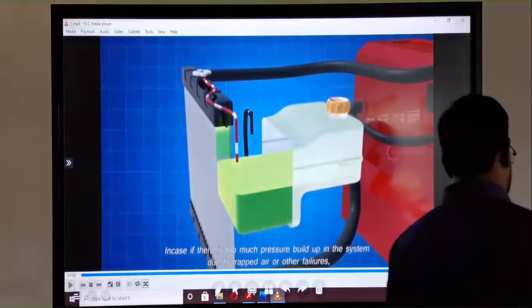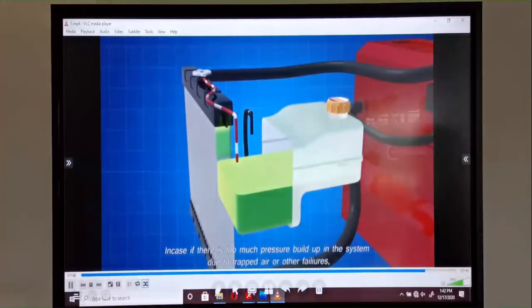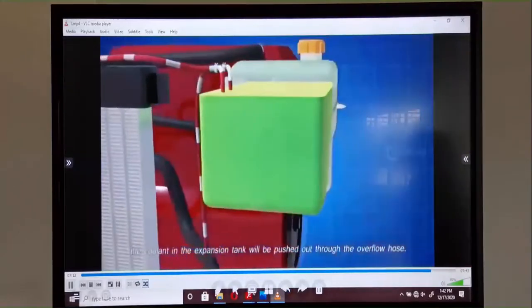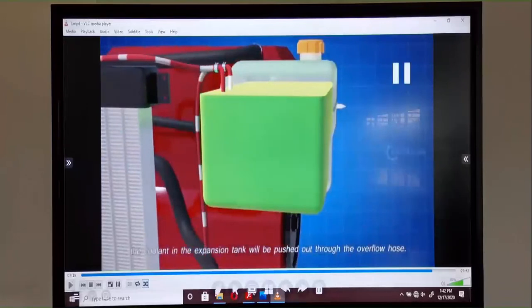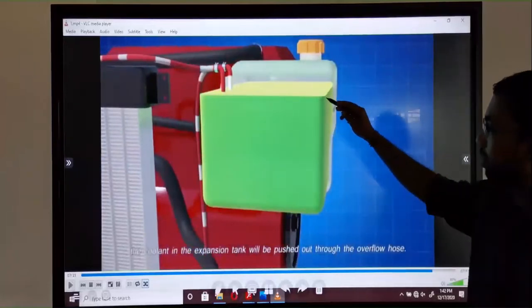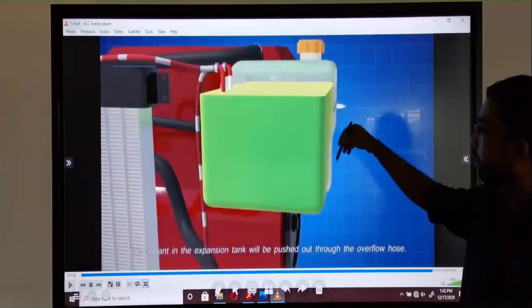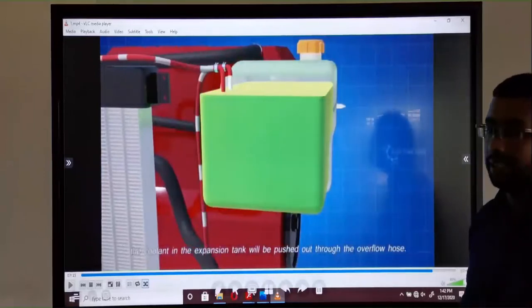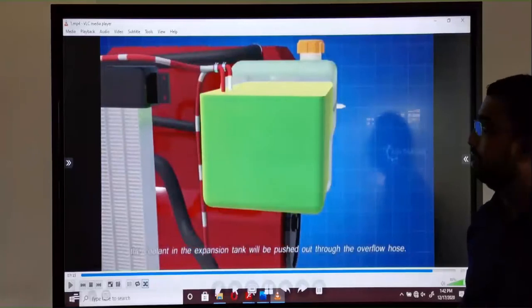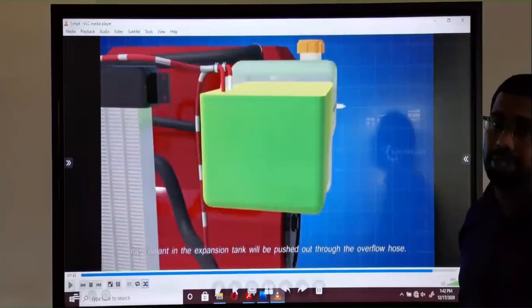It is the overflow pipe. What happens if the coolant completely fills this tank? There is pressure because there is no open line; the tank is completely closed.